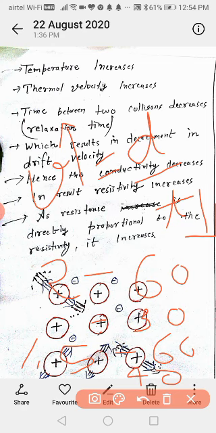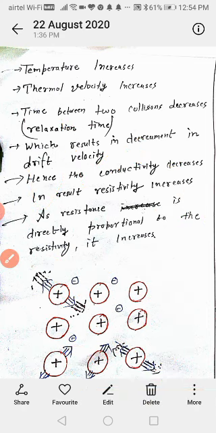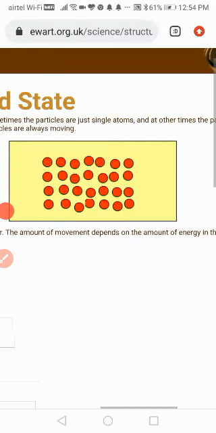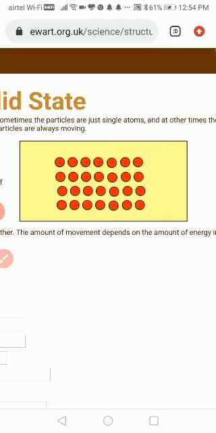What are these collisions? These are the collisions between vibrating atoms and electrons. So if the collisions between vibrating atoms and electrons increase, then the randomness of the system will increase.